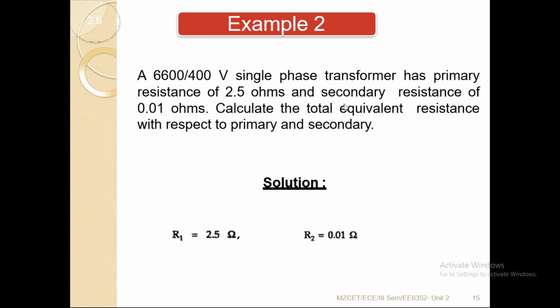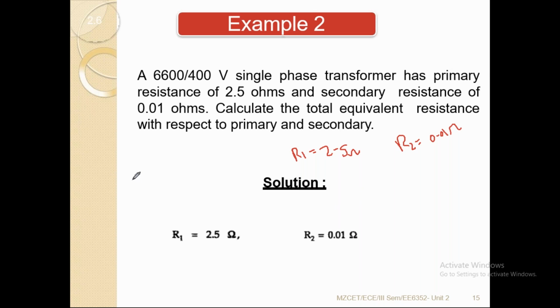Calculate the total equivalent resistance with respect to the primary and secondary. Just do this for two cases. So we have R1 equals 2.5 ohm, R2 equals 0.01 ohm. Now we need to find the equivalent resistance in two cases.